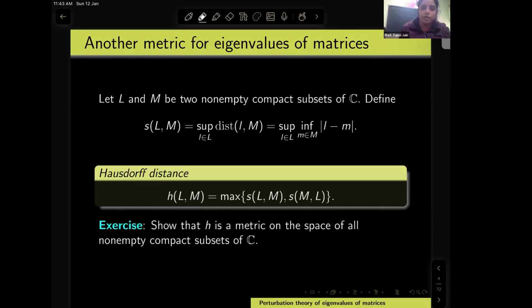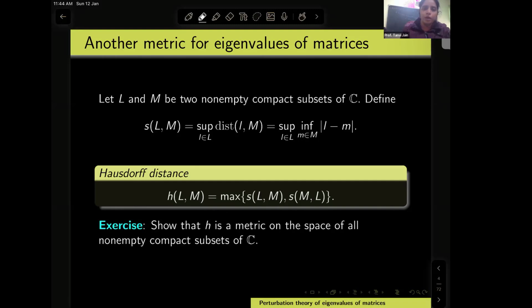So now you see S(L, M) is not symmetric in terms of L and M. S(L, M) can very well be different from S(M, L). One basic condition that my metric should satisfy is that it should be symmetric. So here I am making my Hausdorff metric symmetric. So it's a nice metric.